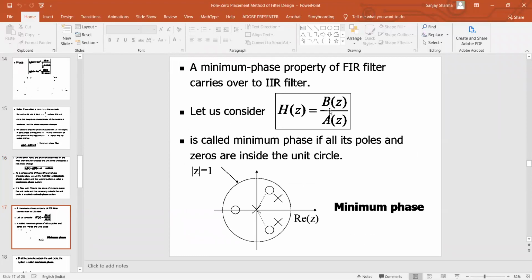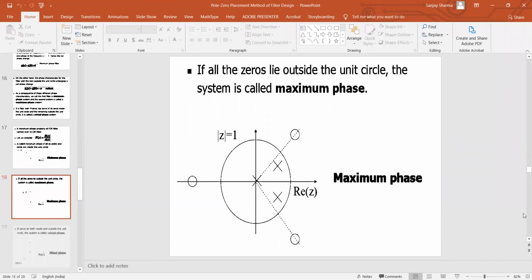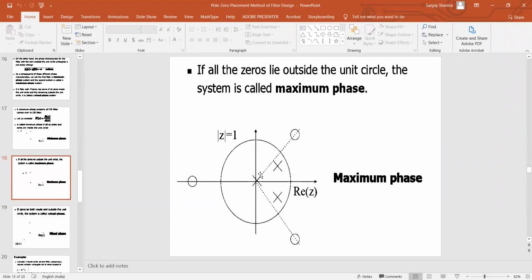Let us consider the case of IIR. H(z) is equal to B(z) over A(z). Now, this is called minimum phase if all its poles, of course, the poles have to lie inside the unit circle, right? And if the zeros also lie inside the unit circle, this will be a minimum phase system. In the case of IIR filters, if the poles lie inside the unit circle, but all zeros lie outside the unit circle, these systems are known as maximum phase systems.